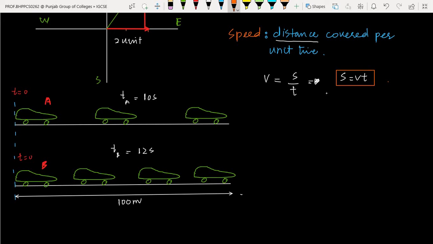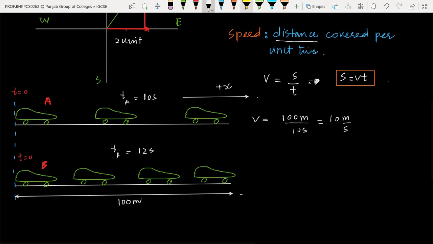So here I'm going to give you some examples. Let's take the example I was already discussing. In this example, this car is moving in this direction, towards the positive x-axis, or we can say towards east. If we measure the speed, it will be 100 meter divided by 10 second, which is equal to 10 meter per second.